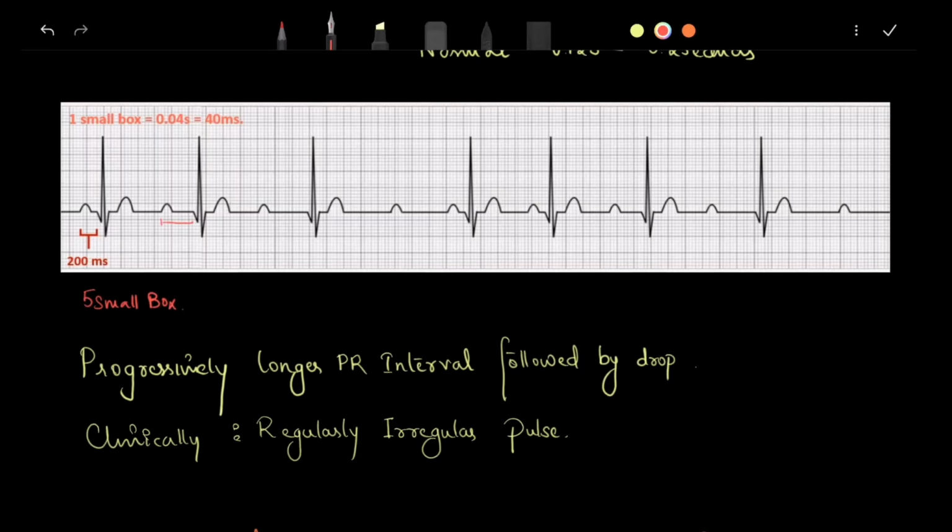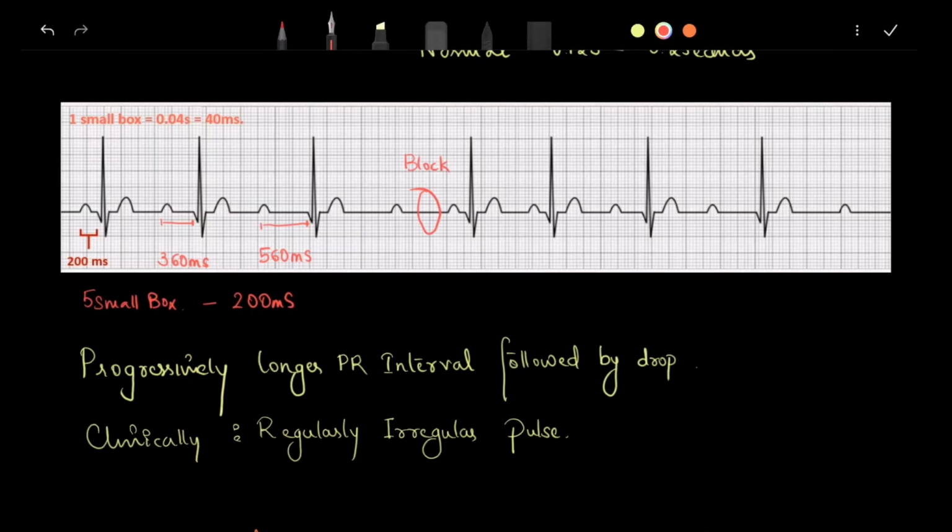The second PR interval is about 9 small boxes, that is 360 milliseconds. The third is around 14 small boxes, which is 560 milliseconds. So see, the prolongation of the PR interval is followed by a missed beat.